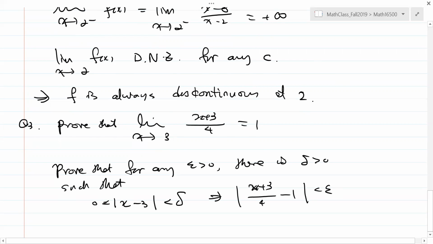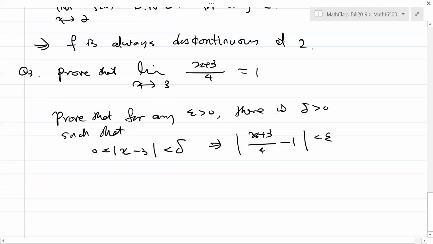So if you look at this statement, you have to give me the delta, which depends on epsilon. Okay. So how to do that? There are several ways to solve the problem. You can determine the delta later. This is an assumption, right?